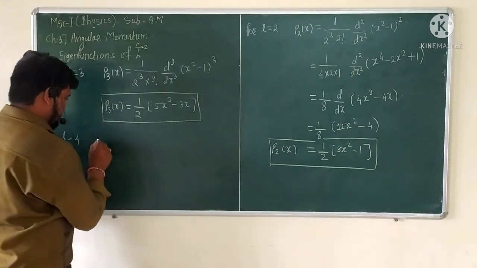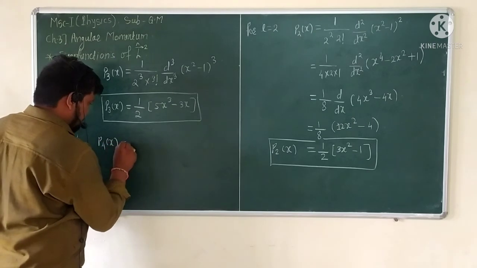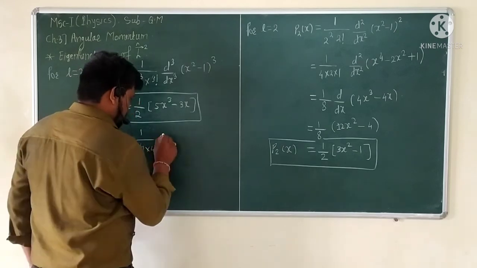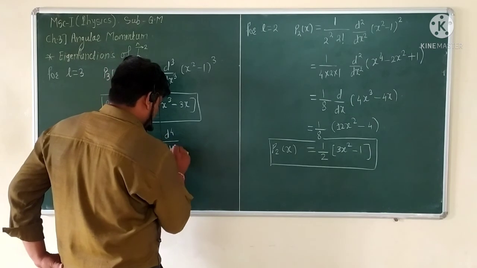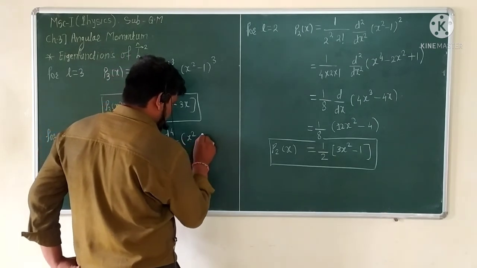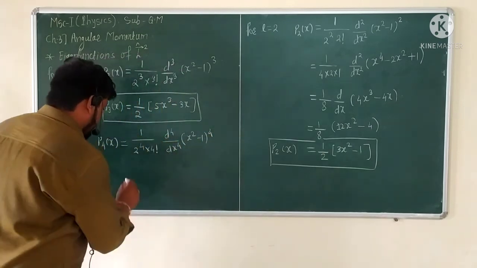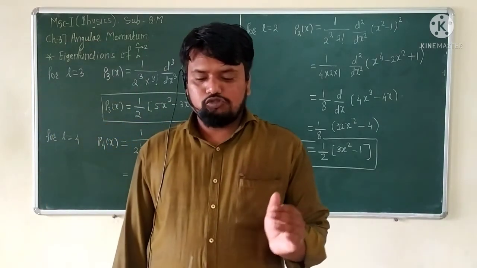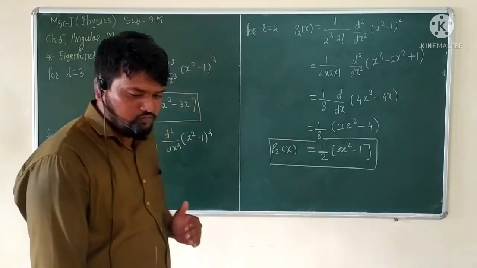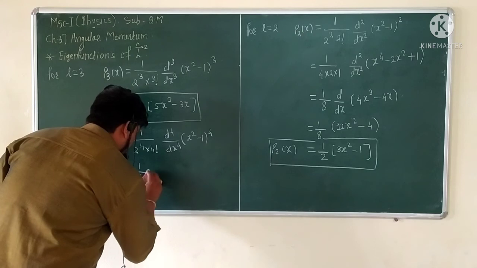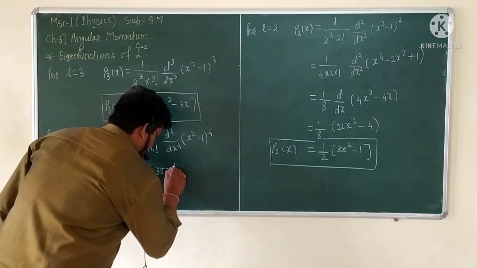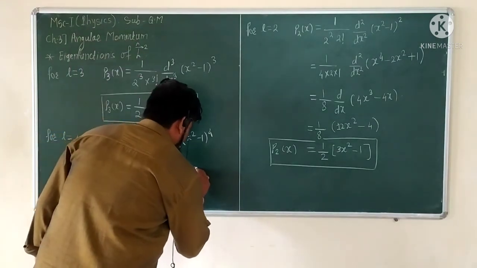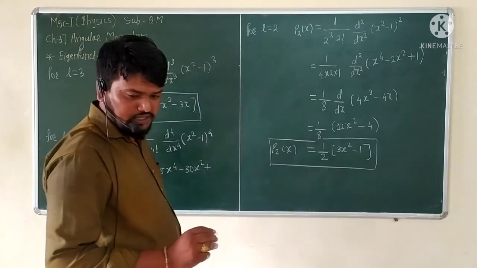P4 of x is equal to 1 upon 2 power 4 into 4 factorial into d power 4 by dx power 4 of (x square minus 1) whole power 4. 2 power 4 is 16, into 4 factorial, and if we solve this, the answer is 1 by 8 in bracket of 35x power 4 minus 30x square plus 3.